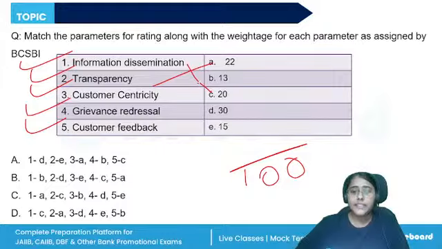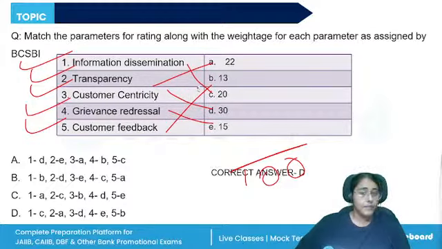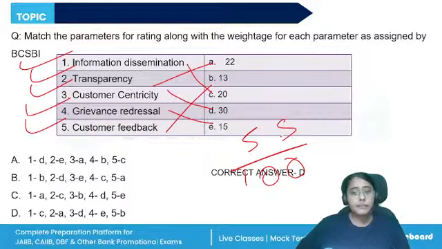Customer centricity has been given the highest score, 30. Grievance redressal has 15 and the customer feedback is 13. So the correct answer is D. Based on this, if the customer has a score, let's say 55, the customer will fall under below average.